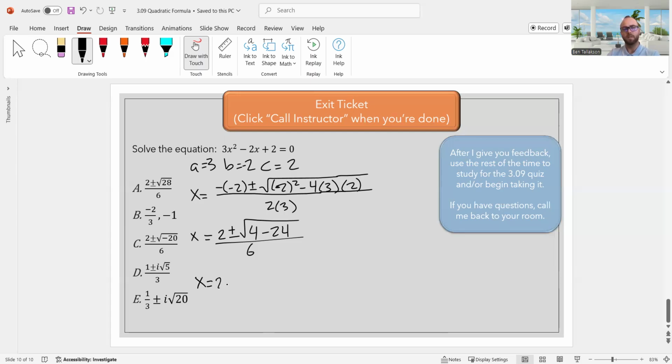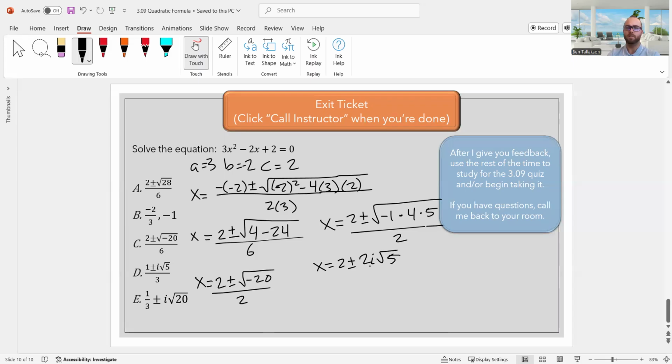Okay, we need to continue to simplify that radicand. So we're going to get negative 20. Again, imaginary numbers are here, and we got to work with them. So here we go. 2 plus or minus square root of what? Negative 1. You could factor out 20 on the side if you don't see what they are, but 4 times 5 will give us what we need. So we get square root of 4 is 2, square root of negative 1 is i, 2i.